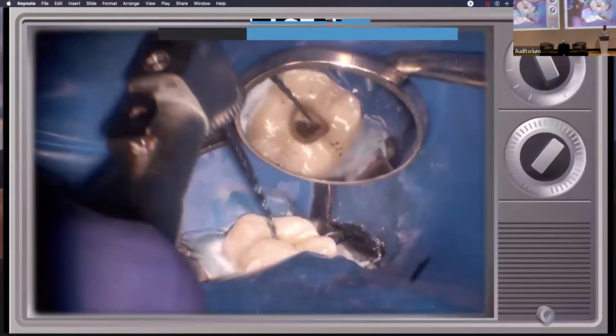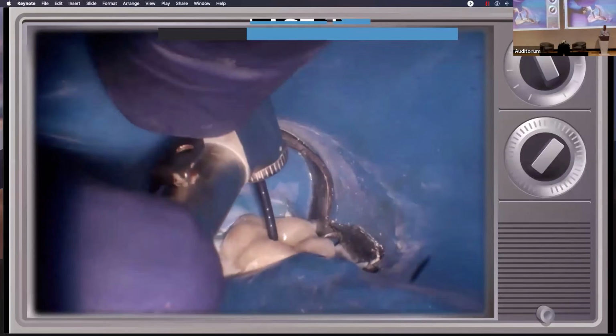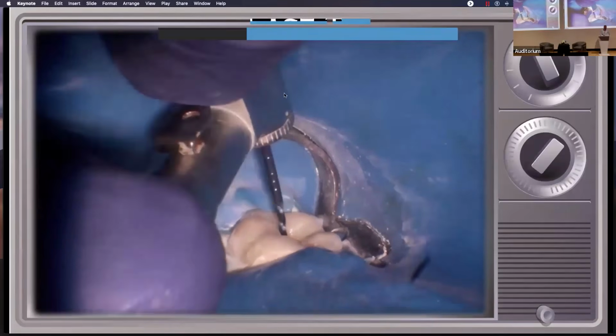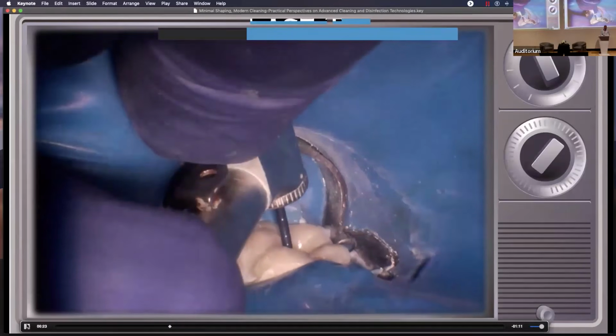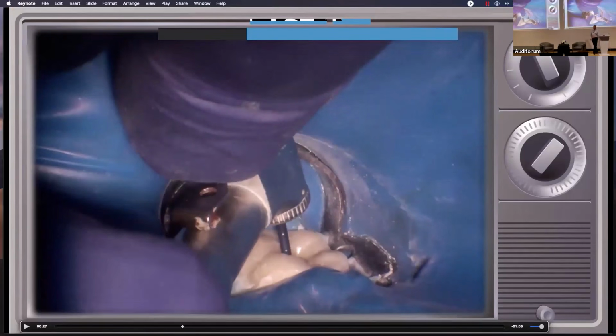It's a pretty small tipped instrument, and I just use that to get a little more convenience for file placement. We're not trying to get it to length. I can't tell you how tough these instruments are. I'm pushing on it. They're unbelievably tough instruments. This is, again, just a little cheat for the endodontist to be able to get the rotary files in a little bit easier.